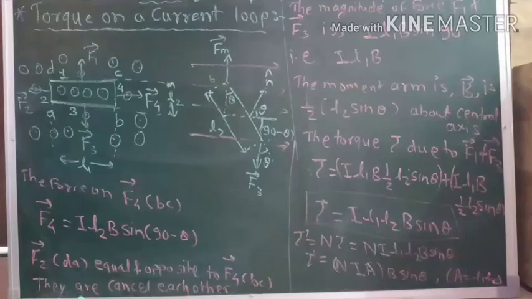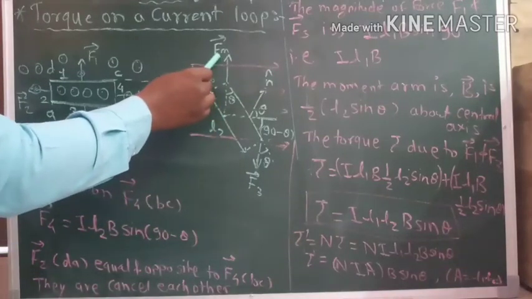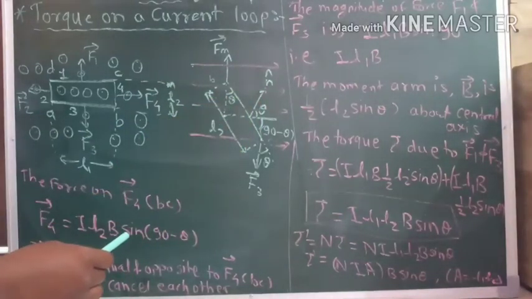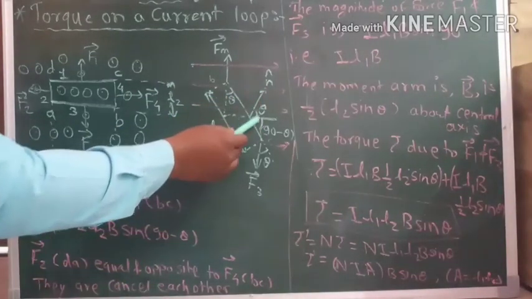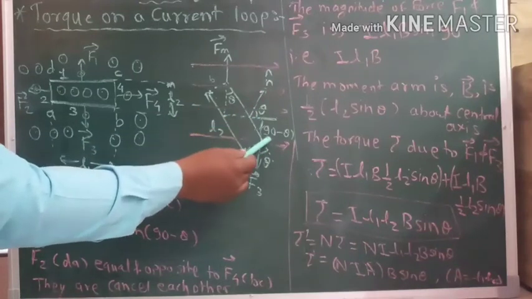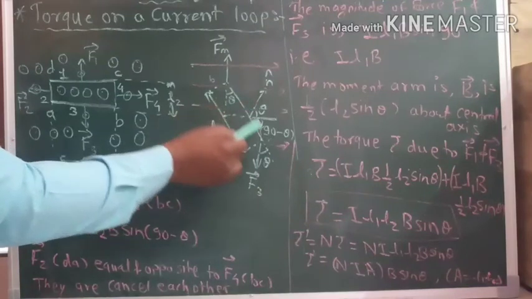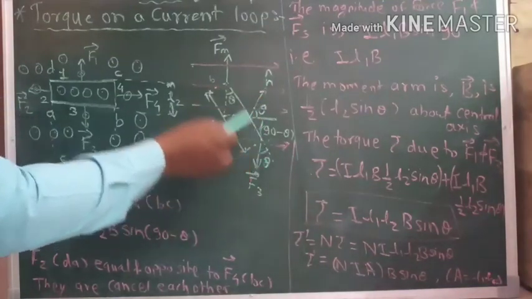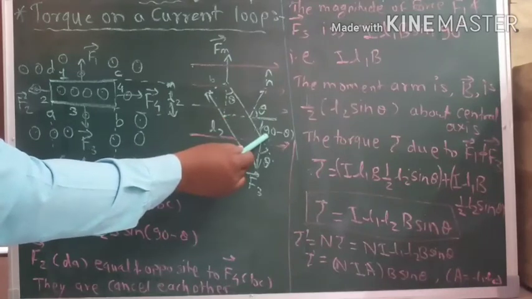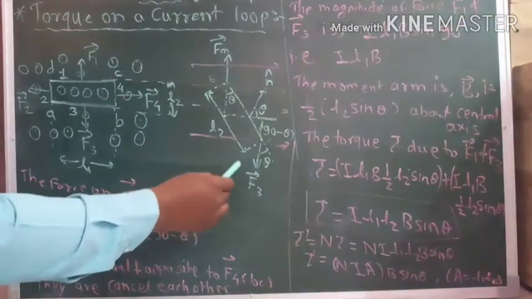Suppose this is the magnetic force Fm, and n is the unit vector with angle theta. These are 90 degrees, but this angle is 90 minus theta. Both angles are perpendicular. This n is perpendicular to this side. These are theta. Therefore, this remaining angle is 90 minus theta.